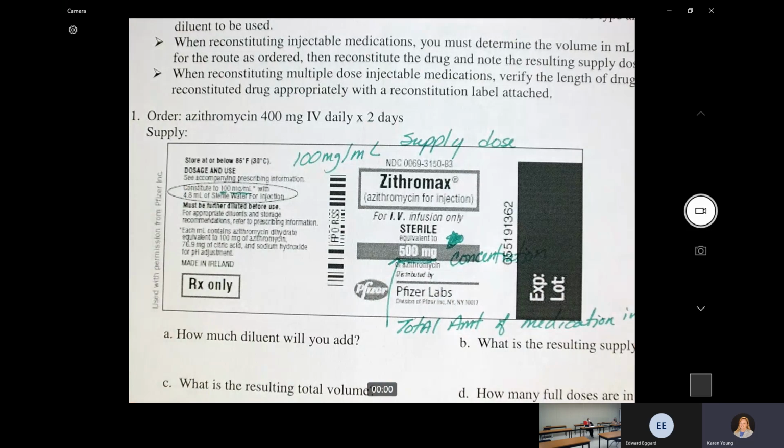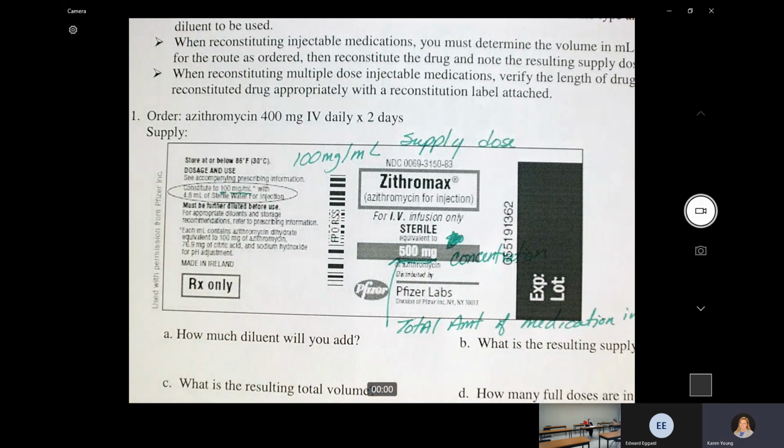If we have that whole vial, it's 500 milligrams. If it's in powder form, or in the concentrated liquid form, there's still 500 milligrams in that total vial. Once we add all of our diluent, then it will be 100 milligrams per milliliter.